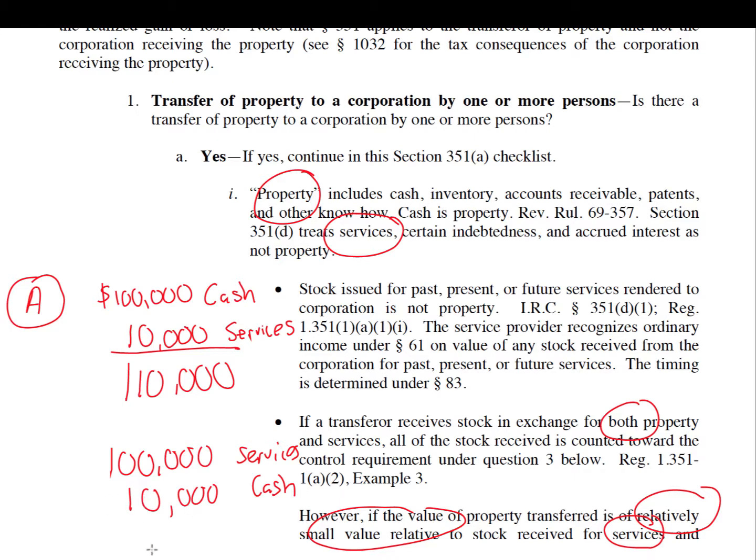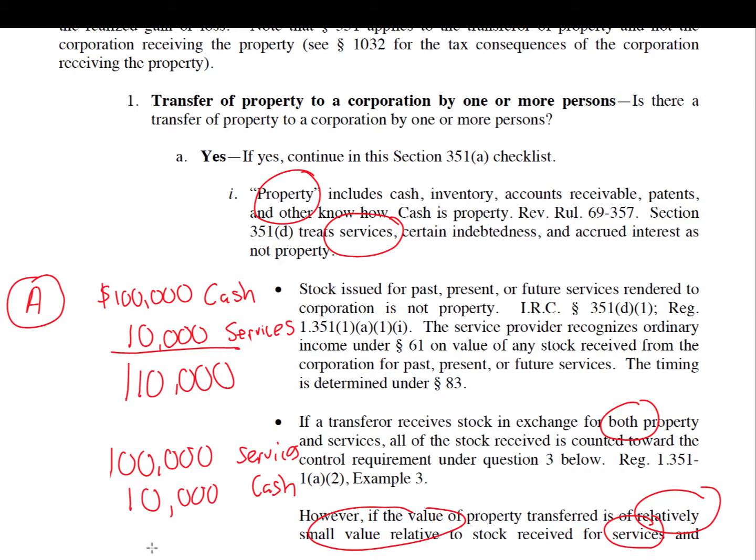Well, there, we add up and we also get $110,000, but you note that more than 90% of what's given, because 100,000 over 110,000 is more than 90%, is services. So less than 10% is considered property or cash.